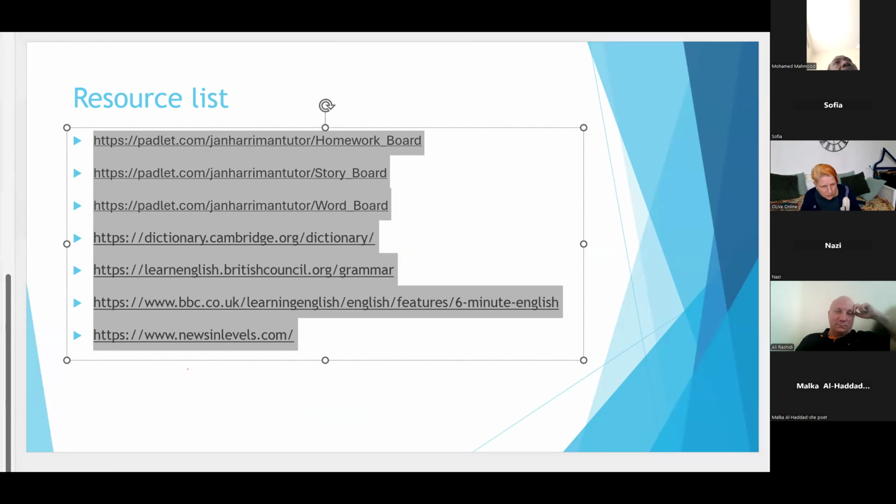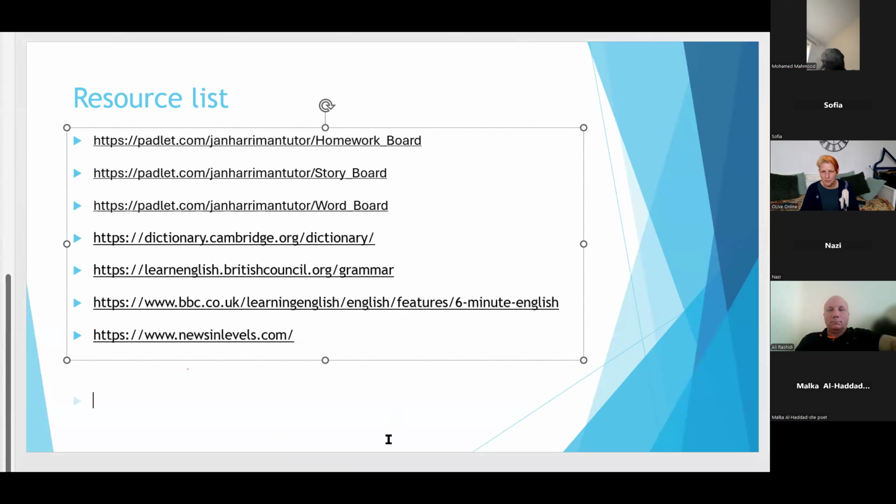So long as the links work, that's all that matters. So do use the Padlet boards. If you want a complete homework assignment, I will always be adding assignments to the Padlet board. So that's going to be my main. I did take the WhatsApp group, so I'll try and add things in there as well.